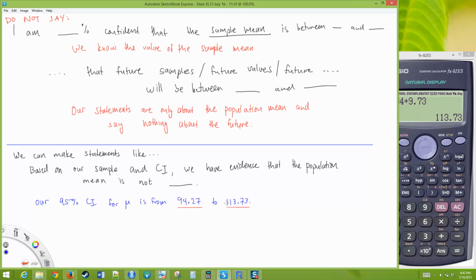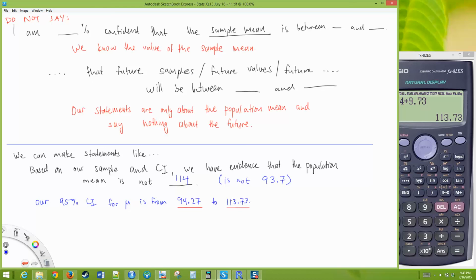So we have evidence that the population mean is not 114, or not 93.7 or something like that, because these numbers are not inside my confidence interval. So this confidence interval is a range of plausible values of mu, and any value outside of that we can say is not plausible, or we have evidence that it's not that thing.